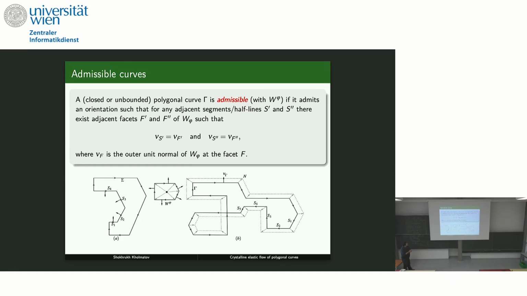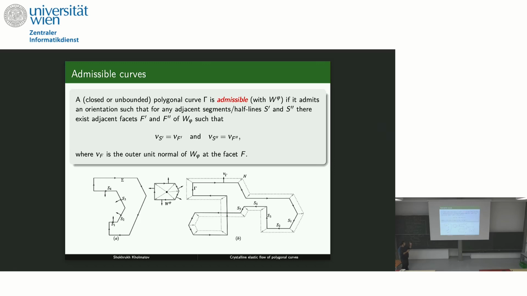Here on the left, this is unfortunately not admissible, even though it's very beautiful and looks very parallel to this, because if I orient it in this way, clockwise, unfortunately this normal does not exist in my Wulff shape. Conversely, if I orient it the other way, this segment will produce the same issue.